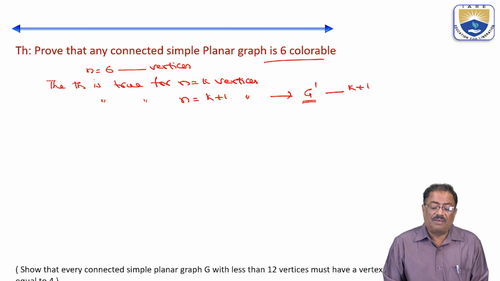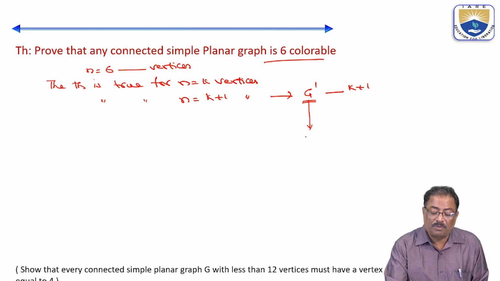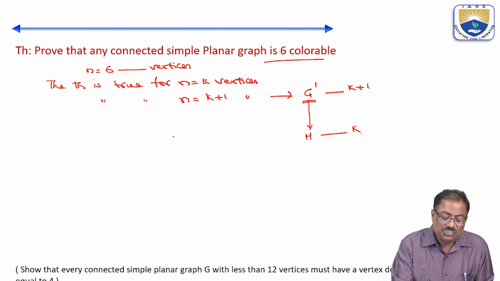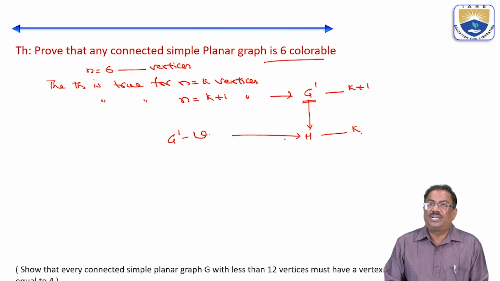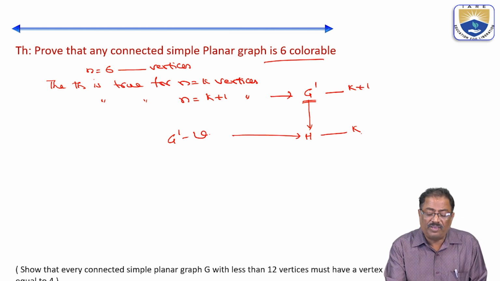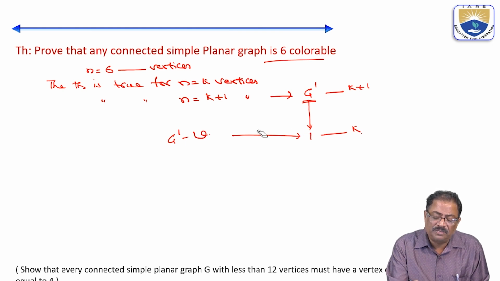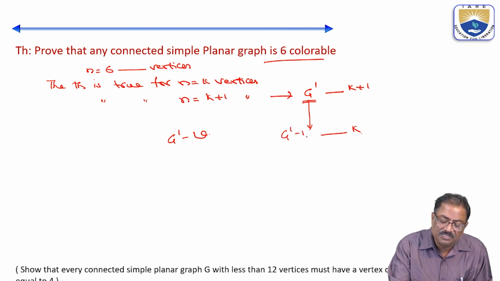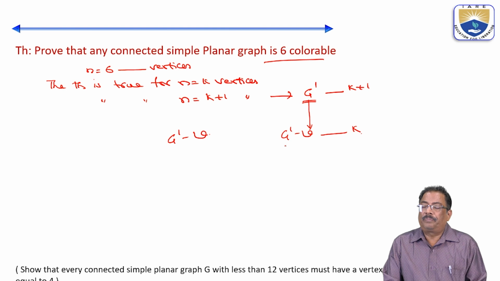So whenever G dash is having k plus 1 vertices, from this I am going to remove one vertex, then I am going to get a subgraph, let us say H, which is having k vertices. So G dash minus V is equal to H, which is having k vertices.